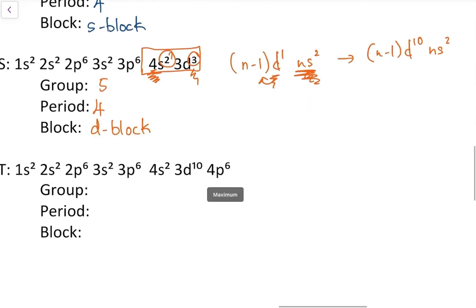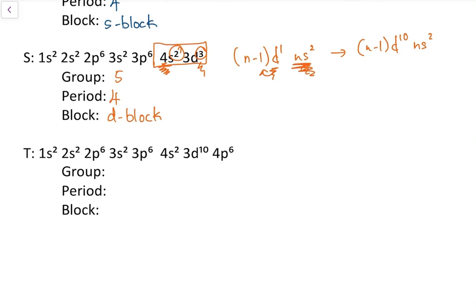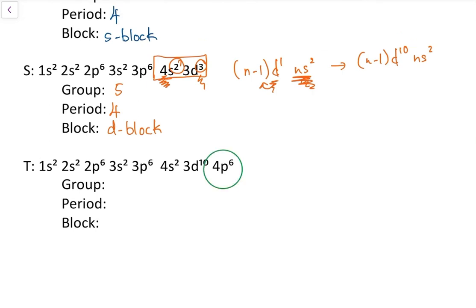Alright, then the last one, again, you have p orbitals holding the outermost electrons, and you have to look at the highest principal quantum number, and the formula is ns2 np1 up to ns2 np6. So in this case, it's going to be 6 plus 2 equals 8, plus 10.